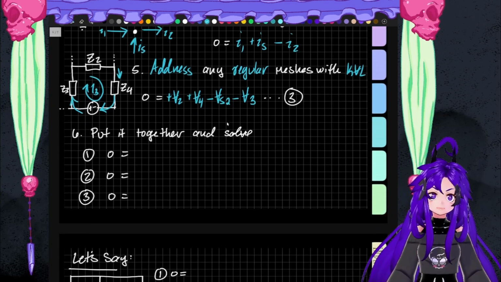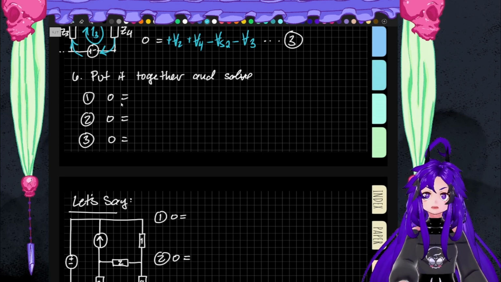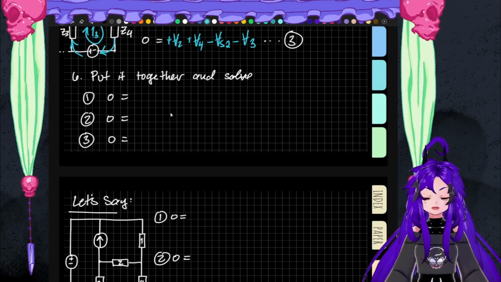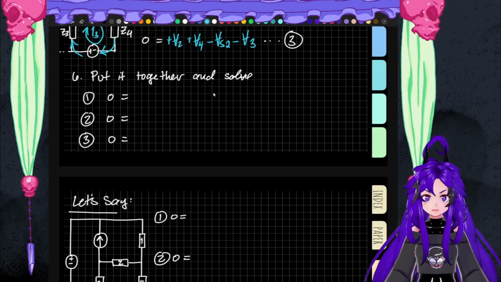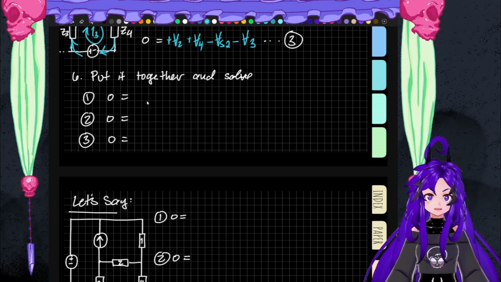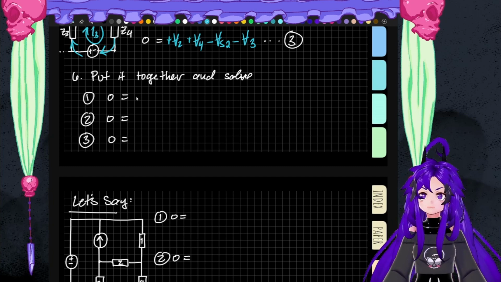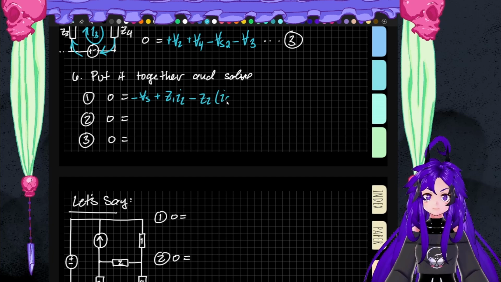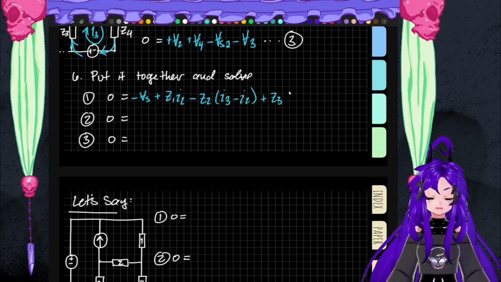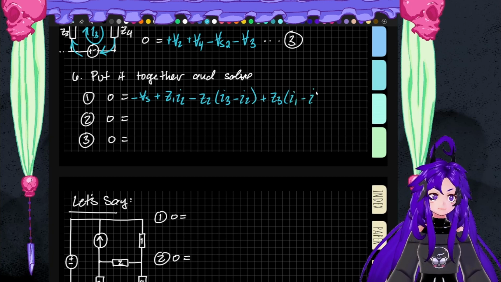Next thing, we're just going to put it all together and solve it. Same as normal, we're going to find the Ohm's law equivalents of any of these that we can, and then we'll chuck it all together. Equation 1 was minus V source plus Z1 I2 minus Z2 times I3 minus I2 plus Z3 times I1 minus I3.